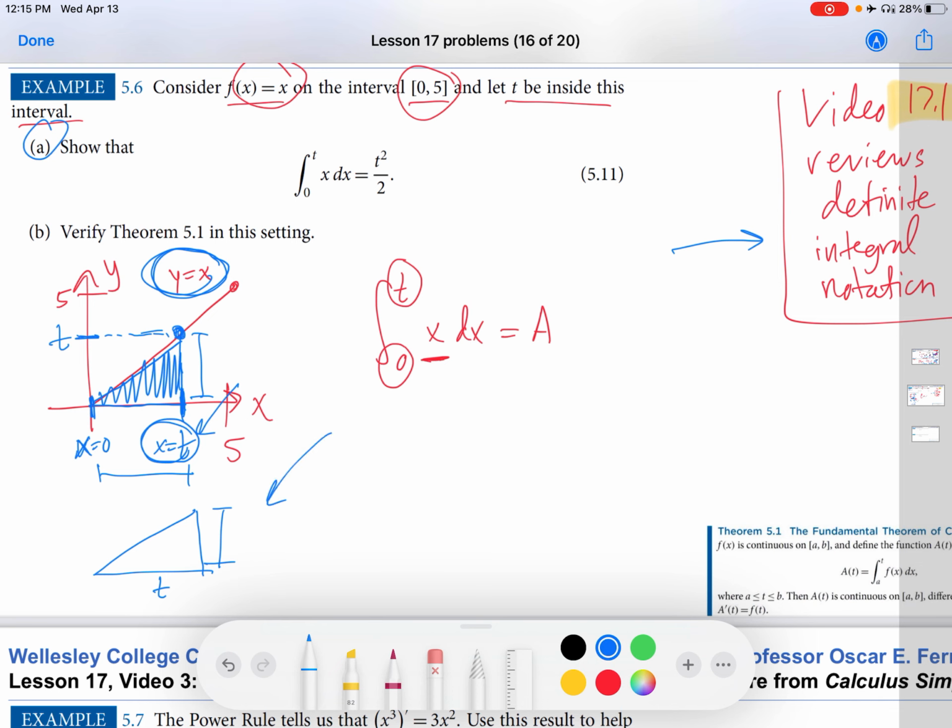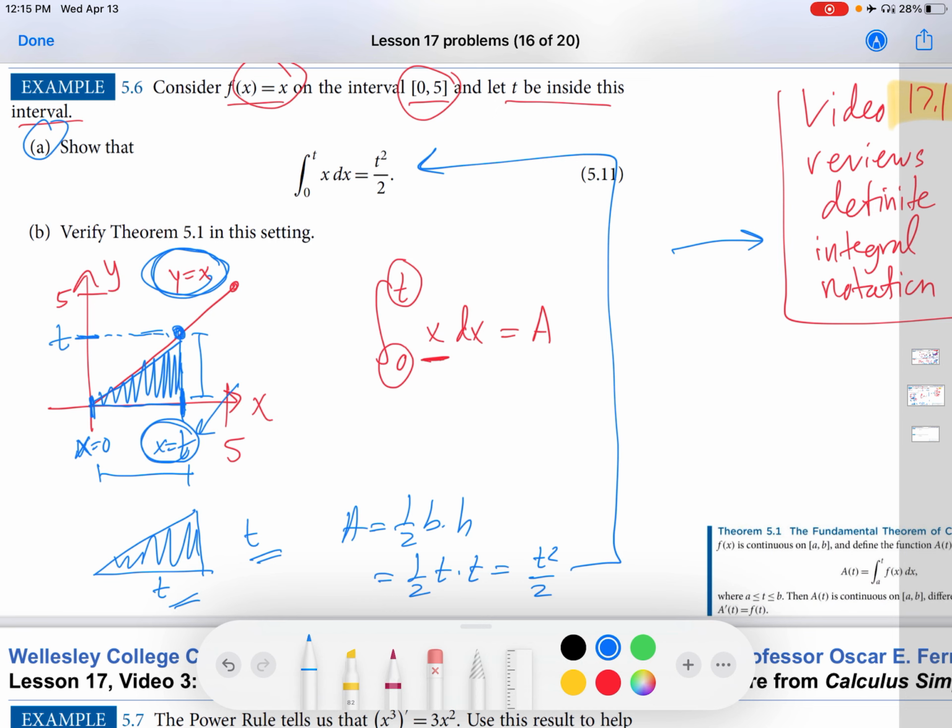So down here, the height of this triangle is t. And now we're asked basically to find the area of a triangle with base length t and then altitude t. So that area is 1/2 base times height. We know the base is t, we know the height is t, so we get t squared over 2, which is what's up there. So check, did that. Awesome. No fundamental theorem of calculus yet.